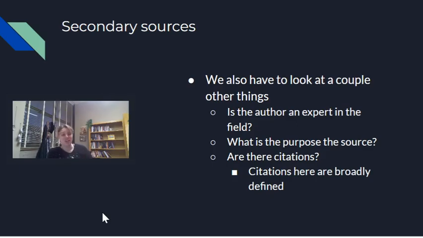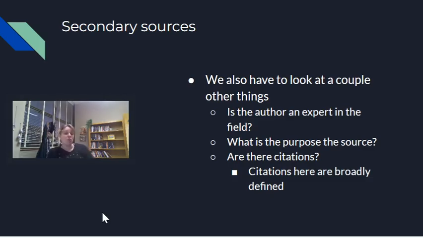You probably shouldn't. I might be able to get it published, it might be well researched, but you still shouldn't trust me as much as an expert in the field. So we really want to look to see if somebody is an expert in what they're talking about with a secondary source. Because if we're going to be getting our information from there, we want to make sure that they've actually done the research on it.